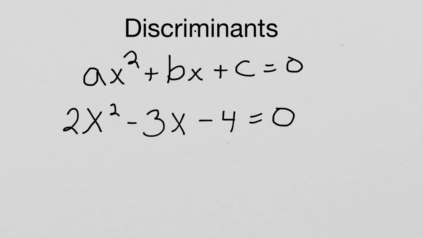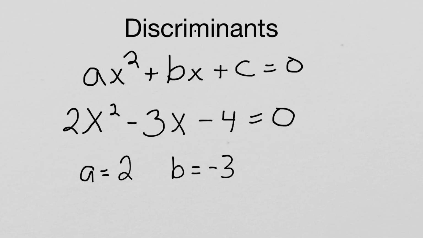You need to be able to, out of the standard form, determine the A, B, and C of every quadratic equation. So if you look at this, we got 2x squared minus 3x minus 4 equals 0. So for this one, A equals 2, B equals negative 3, and it's important.